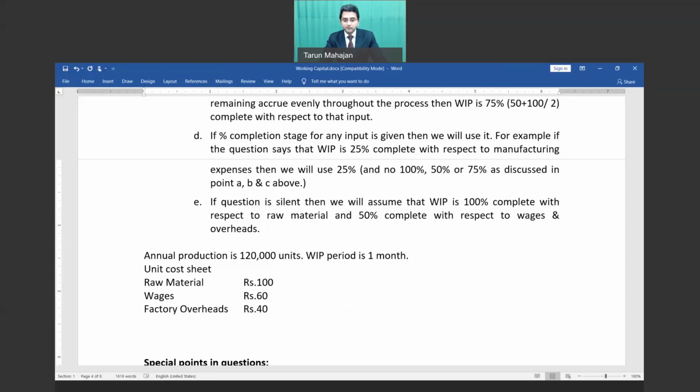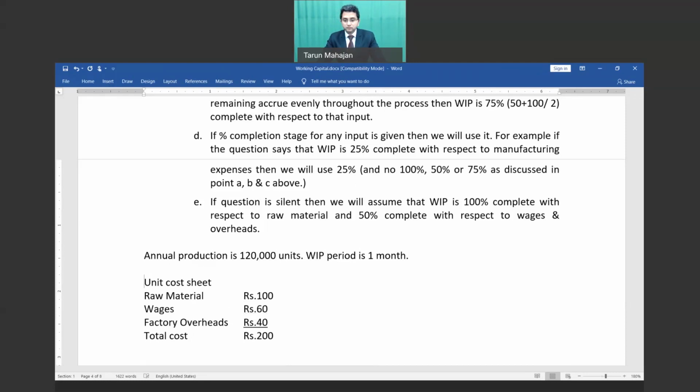Cash factory overhead. So total cost is rupees 200. Annual production is 1,20,000 units. WIP period is 1 month.